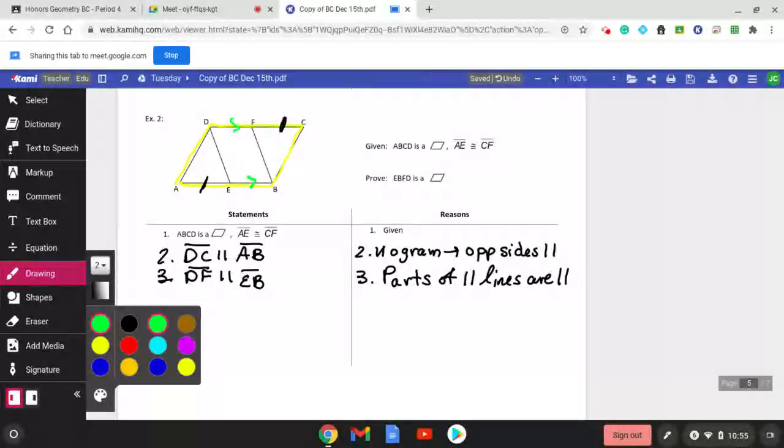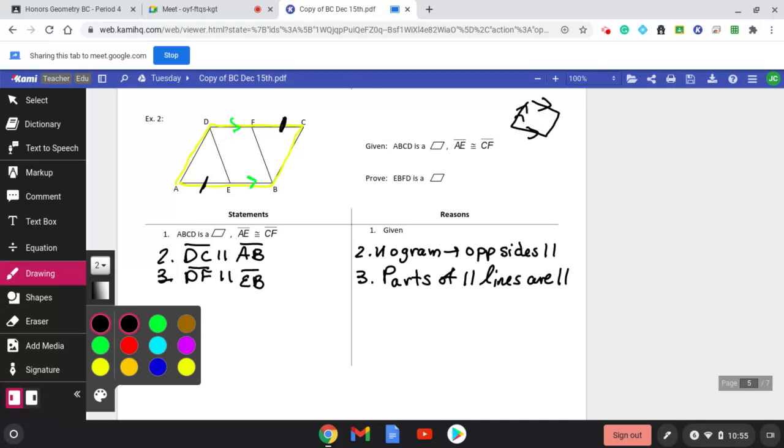All right, let's keep talking. And we're going to write this theorem down in a minute because there's another version of it too that you may have to use on homework tonight. But everyone take a look at your diagram. DEBF. I have one pair of opposite sides parallel. I still need more to make it into a parallelogram. So here are your options, right? I have one pair that's parallel.